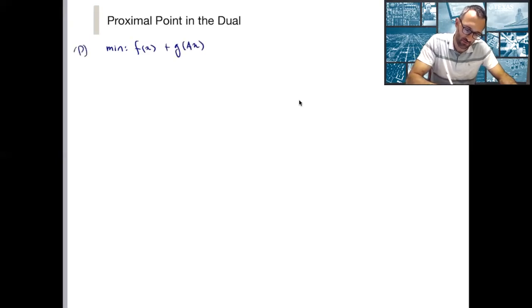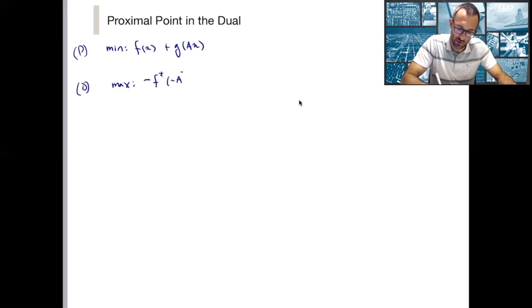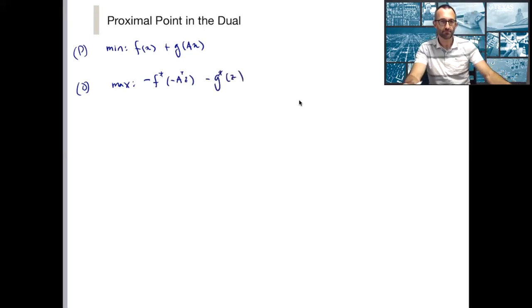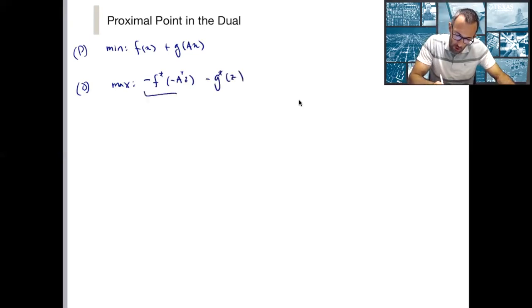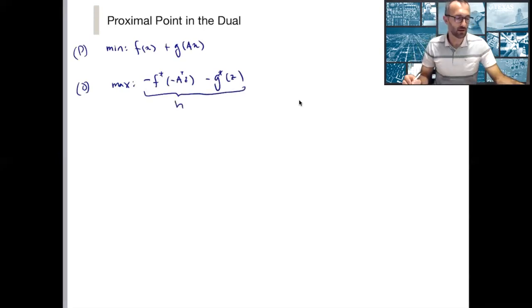This is the primal, and our dual is maximize minus f star of minus A transpose z minus g star of z. I will call this function h. Now we can try to understand what proximal point is doing if I apply it in the dual, in other words, if I just apply it repeatedly to h.